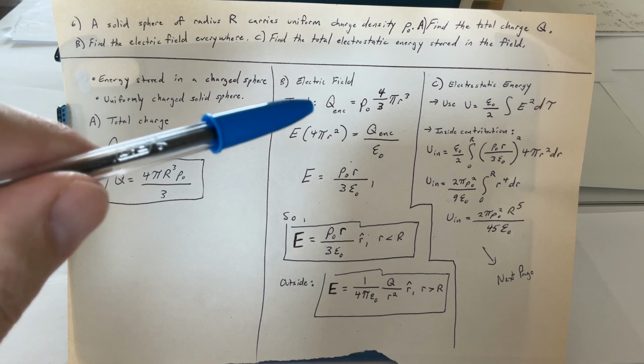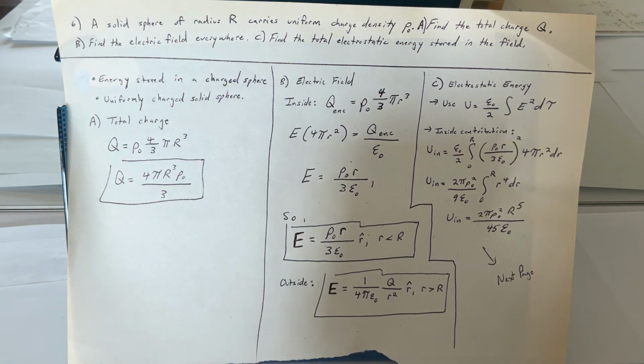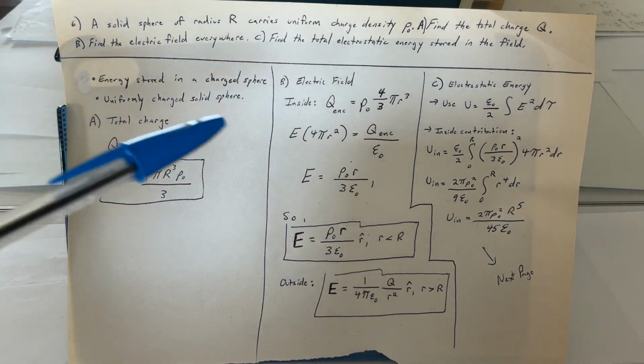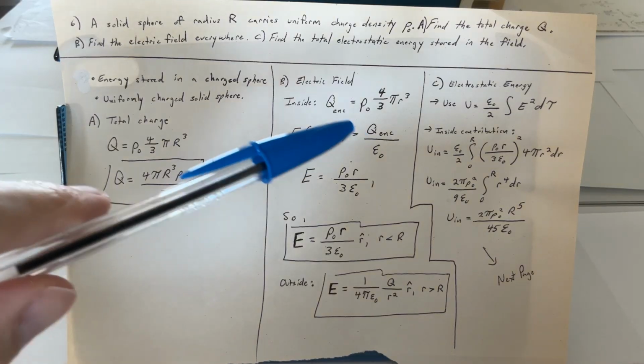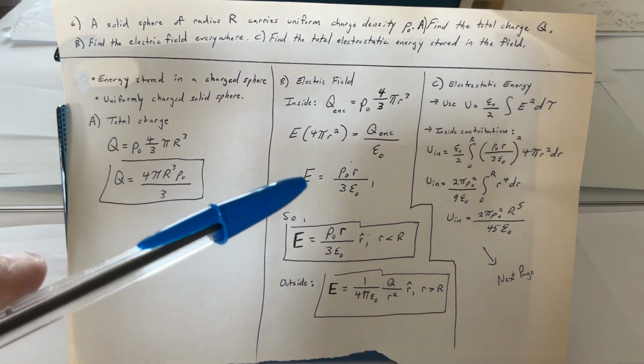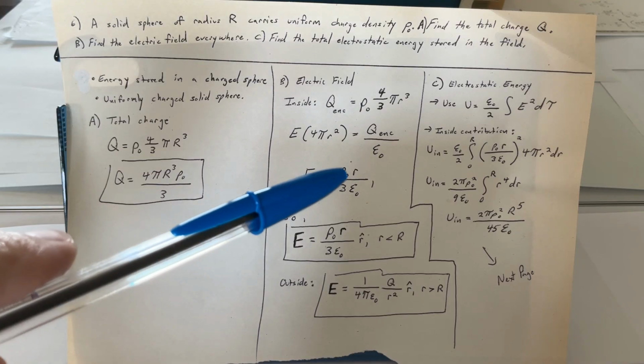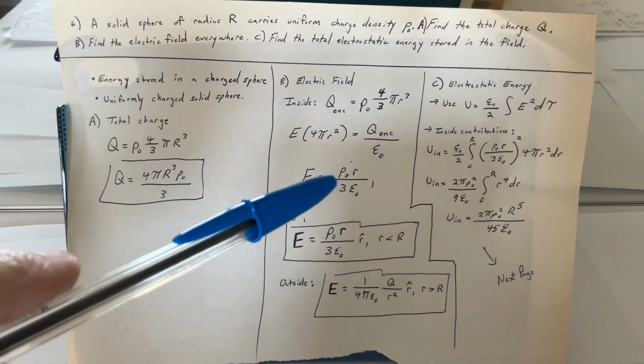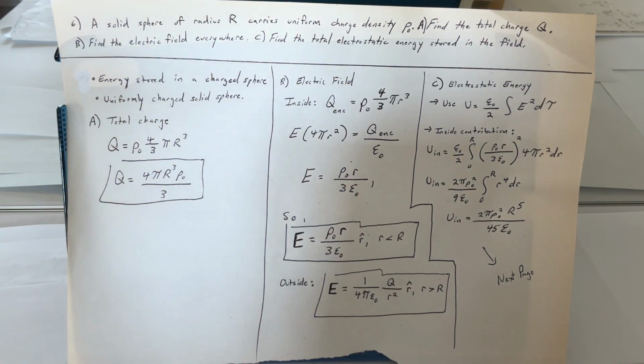The electric field inside would be Q enclosed, that's our enclosed charge inside the Gaussian surface. That equals rho naught times 4/3 pi r cubed. So E times 4 pi r squared equals Q enclosed over epsilon naught. And that's going to give us E equals rho naught r over 3 epsilon naught.